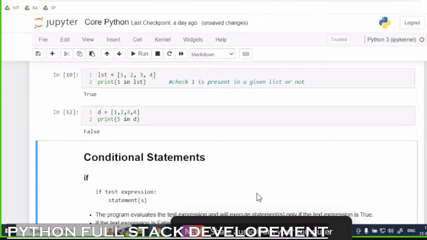So now if you observe, there are a total of 6 different types of operators.